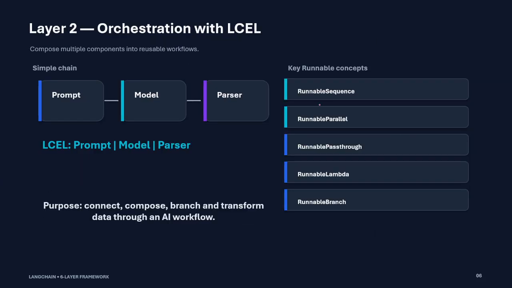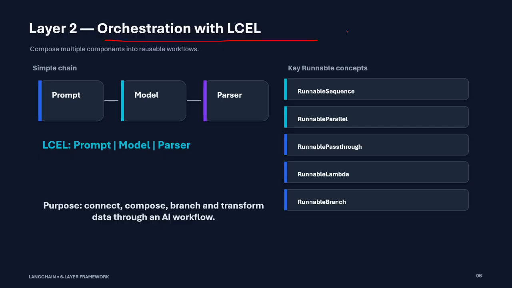Now go for the next layer, where we are talking about orchestration with the LCL. On the previous layer, we have three things: model, prompt, and parser. Now, if you are using the concept of LCL, then we do not have to manage a lot of things.